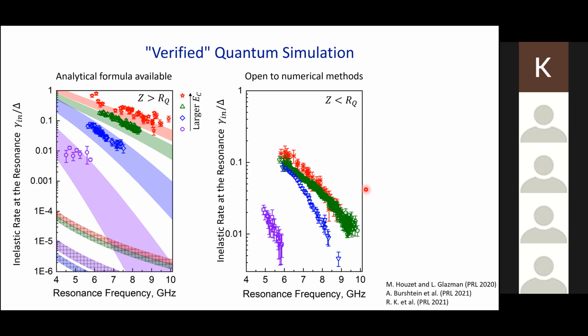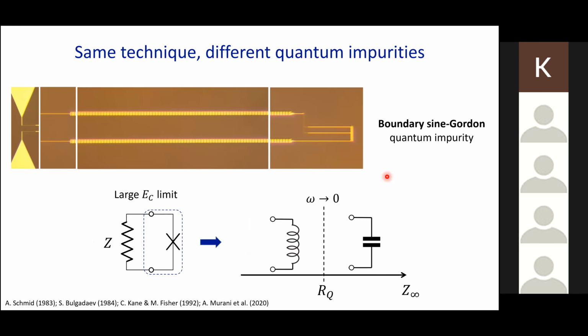In this regime, there is no analytical expression, but this data in principle can be used to test, for example, some new numerical methods or something else. Let me now talk a little bit about different impurities. So this technique, which I said.